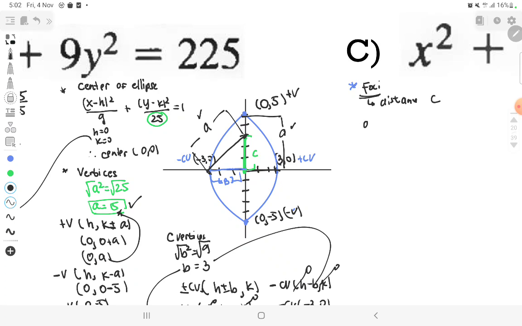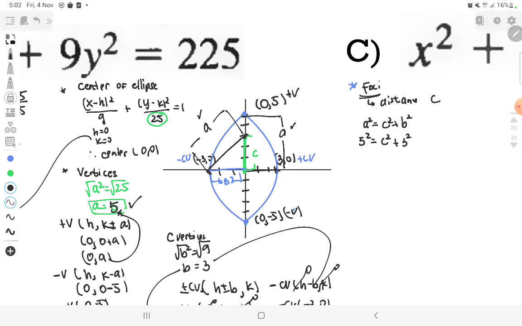So therefore we have a square is equal to c square plus b square. What is our a square? Our a square while ago is equal to 25, and the square root of 25 is 5, right? So we have 5 square is equal to my c square plus my b square, which was 3 square, which is equal to 9.